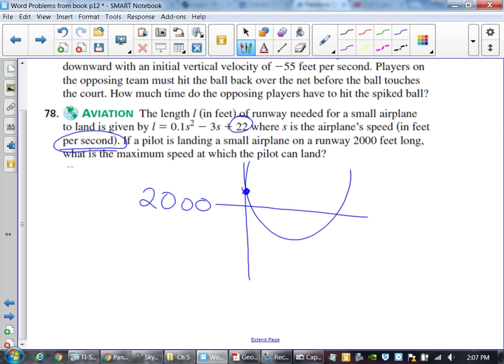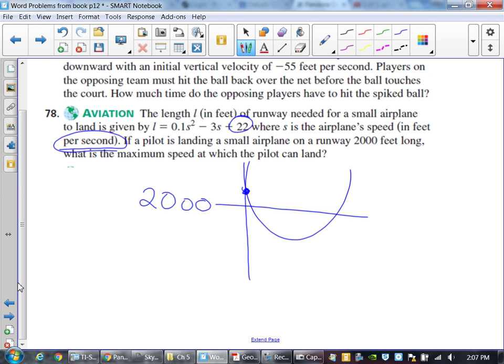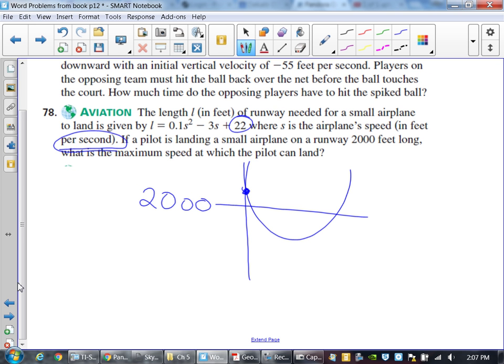Now, if you think about what this model is saying, you have a y-intercept of 22. The reason that I know that it's 22 is that that's my c value. Your c value is always your y-intercept. It's an up like a cup problem because the a value is positive, which means it has to drop here and come back up here. It's asking for the maximum speed.